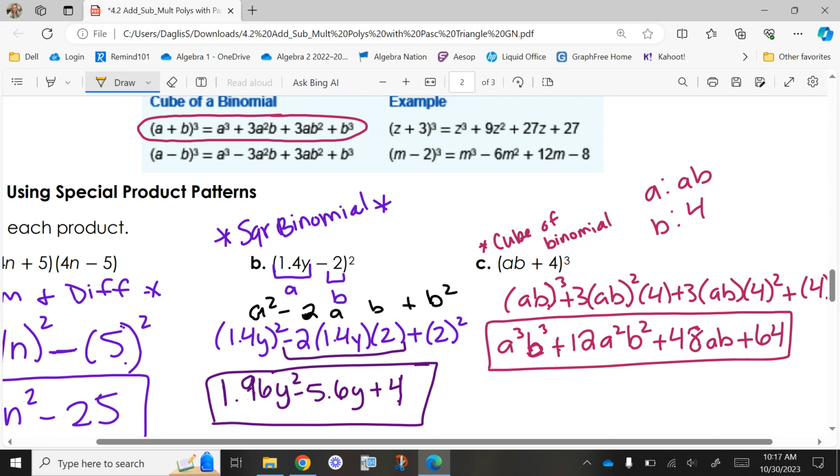Before we move on, stay with me. I'm going to show you something. What if I pointed some things out over here?